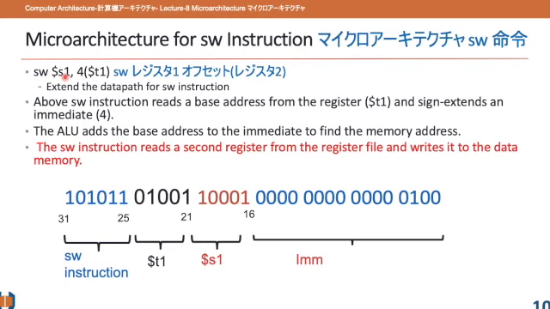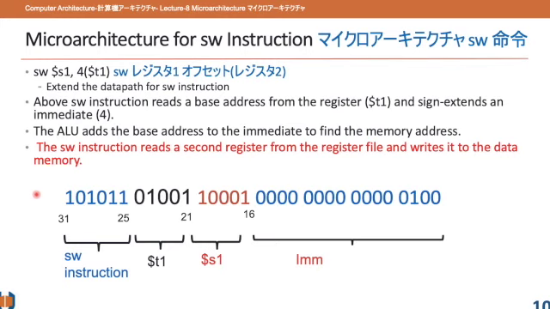So the ALU adds the base address to the immediate field to find the memory address, same as the LW instruction. The new addition here is that, instead of loading data from the memory, the store word instruction reads a second register from the register file and writes it to the data memory.